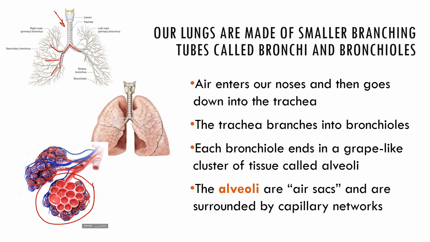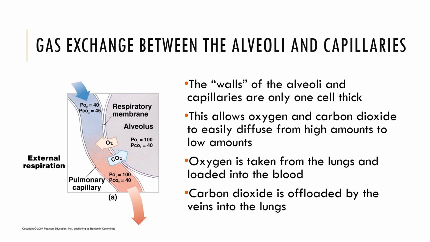So the capillaries actually touch the surface of the alveoli. And this is incredibly important because this is how we transfer oxygen and CO2 between our blood and our lungs. So the walls of the alveoli and the capillaries are actually only one cell thick. That's very rare for things in our bodies because that means they're quite fragile.